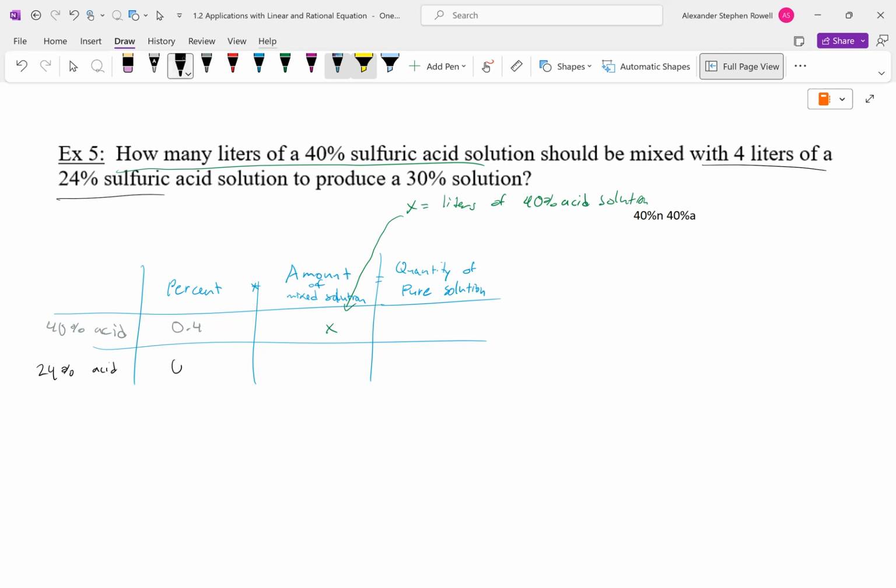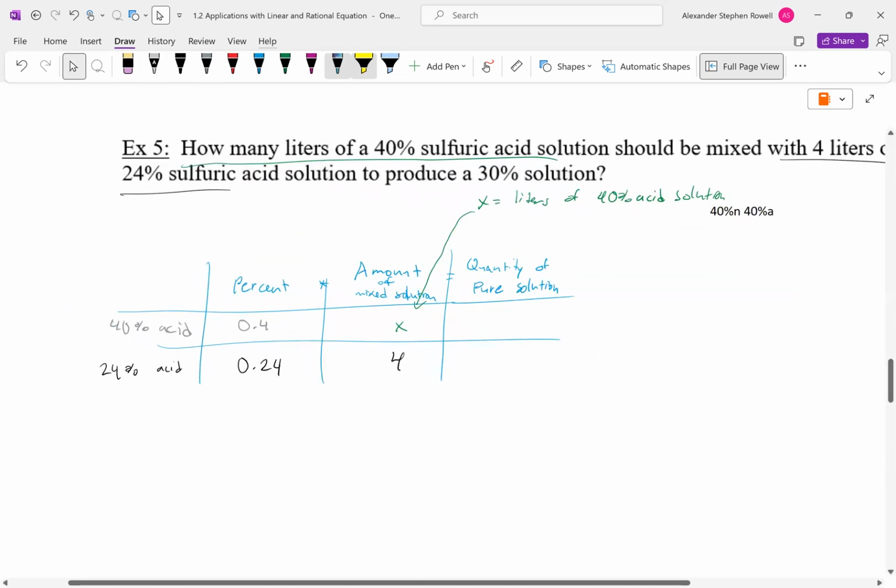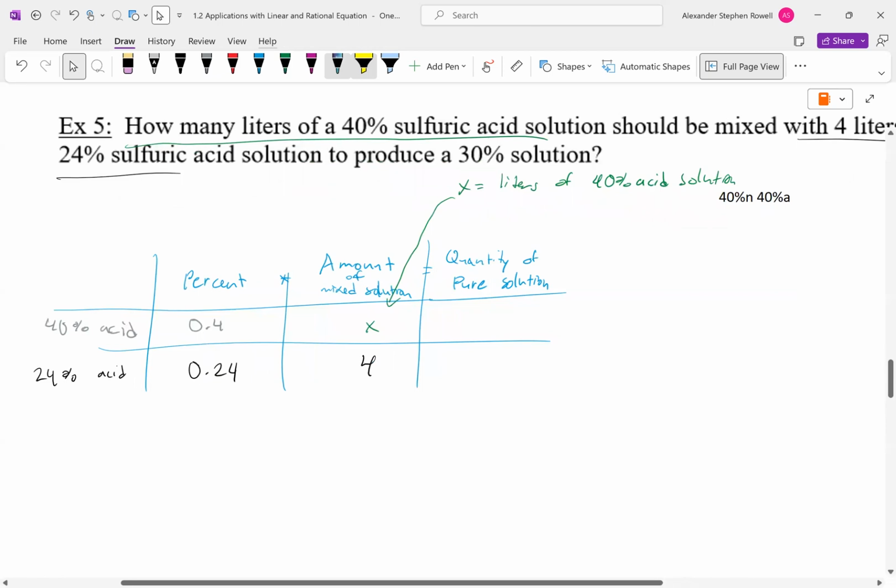As a decimal, 0.24, and as an amount, 4 liters. So we fill out the first 2 columns, same as before. Many of them are given, and there's at least 1 variable, sometimes 2 variable expressions.